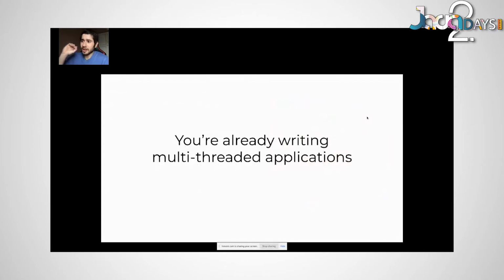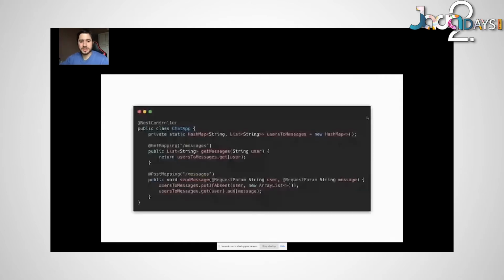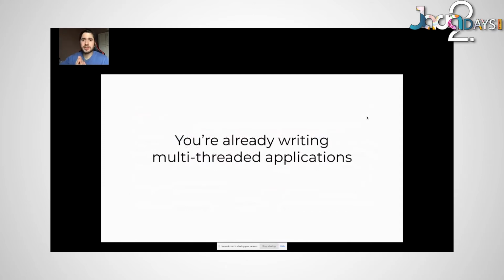However, I have some bad news for you, because if you are writing web apps, if you are using Spring, if you are using some other kind of framework which serves web requests, you are already writing multi-threaded applications. Why is that? Well, because although you aren't spawning threads directly, you don't have anywhere creation of new threads throughout your own code base, you are using a framework which works in a multi-threaded environment.